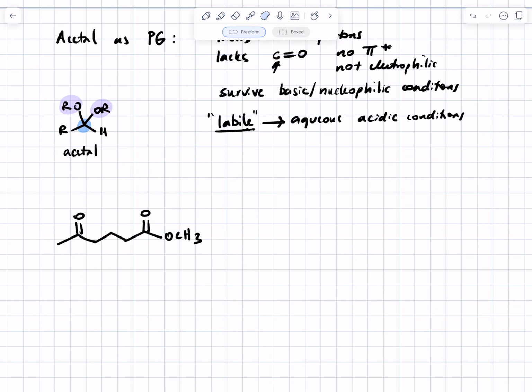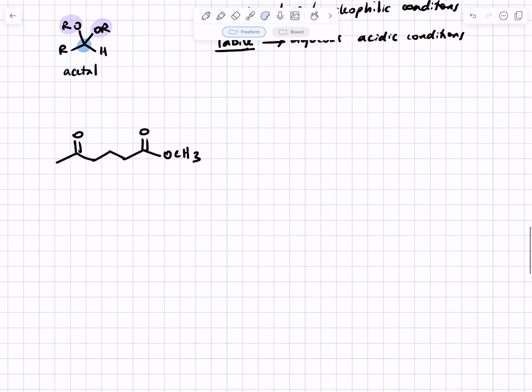And, you know, ketones are more reactive than esters, and yet both ketones and esters will react with organolithium reagents. Supposing you wanted to make the following product, and actually I want this to be an aldehyde, so hopefully you can live with that. Supposing you wanted to make this tertiary alcohol, and you wanted to leave the aldehyde intact.